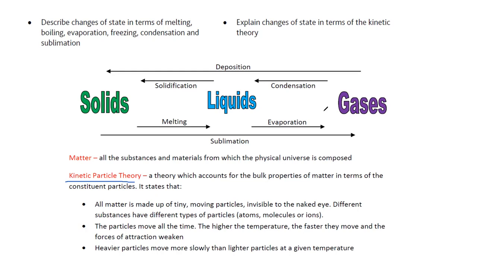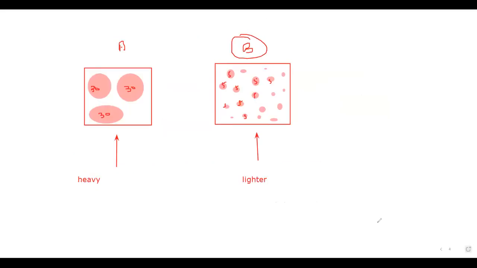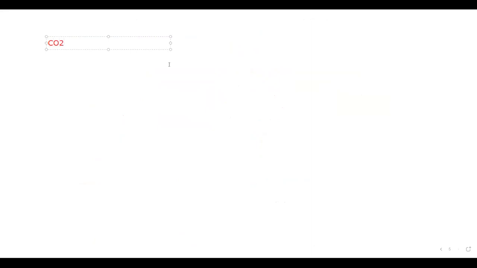Then how can we find the mass of the particle? Like how will you know which particle is heavy and which particle is lighter? For that purpose, for example, if I say I have two gases, carbon dioxide, CO2, and ammonia, NH3, and the question is which particles will move faster at a given temperature.